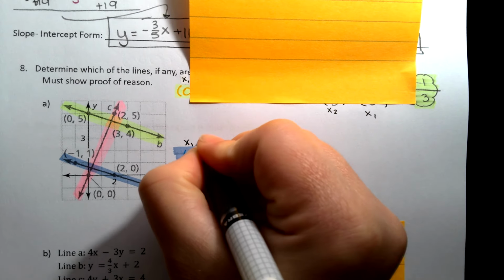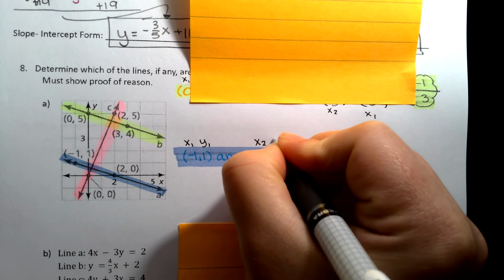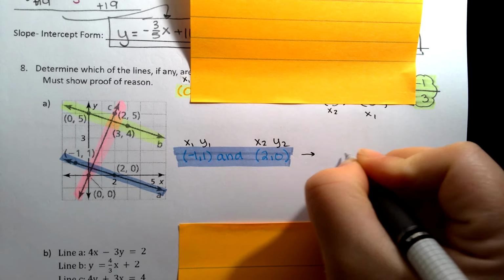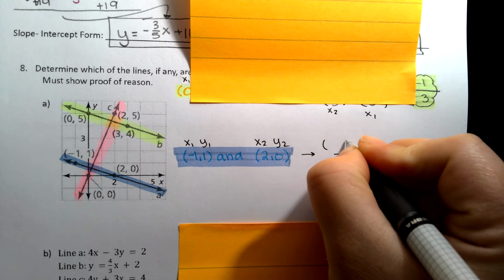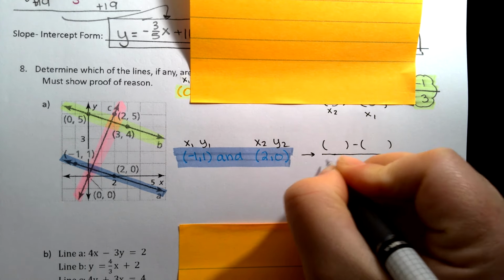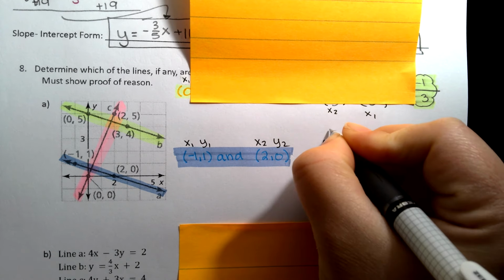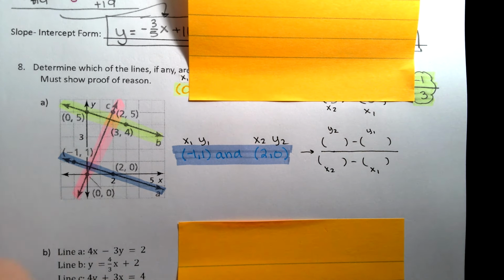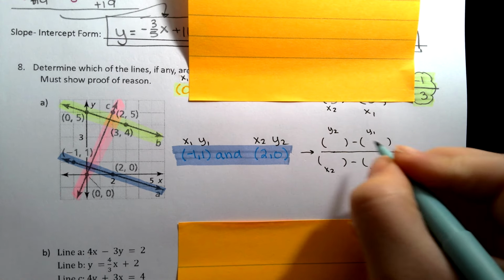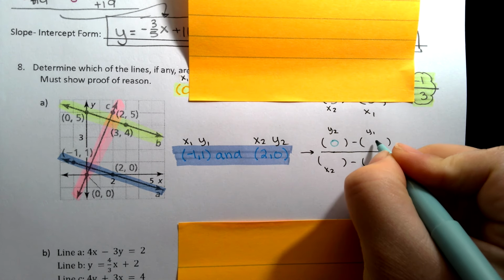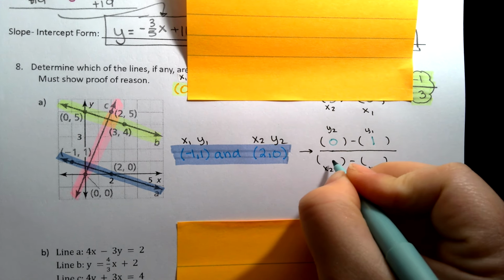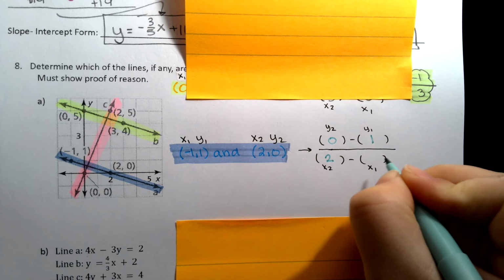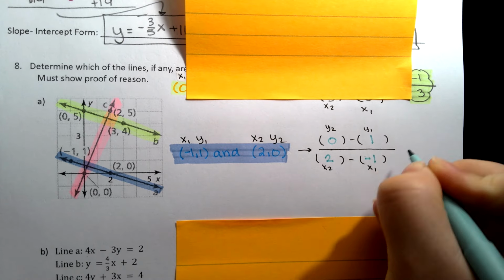Here's x1, y1, x2, y2, writing out our slope formula. Y2 minus y1 over x2 minus x1. Y2 is 0, y1 is 1, x2 is 2, x1 is negative 1.